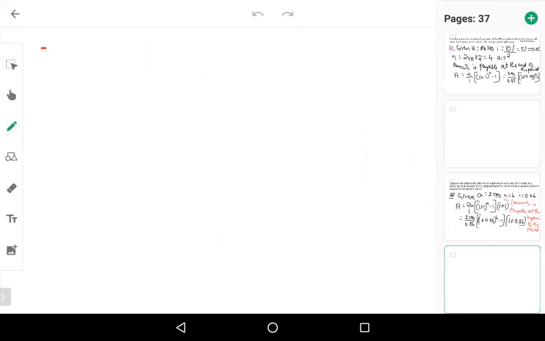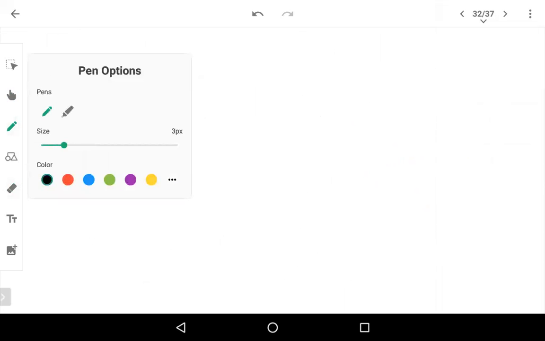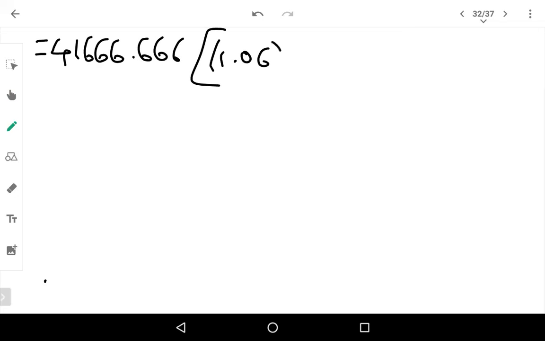So it will be 41,666.666 into 1.06 to the power 6 minus 1, and then 1.06.